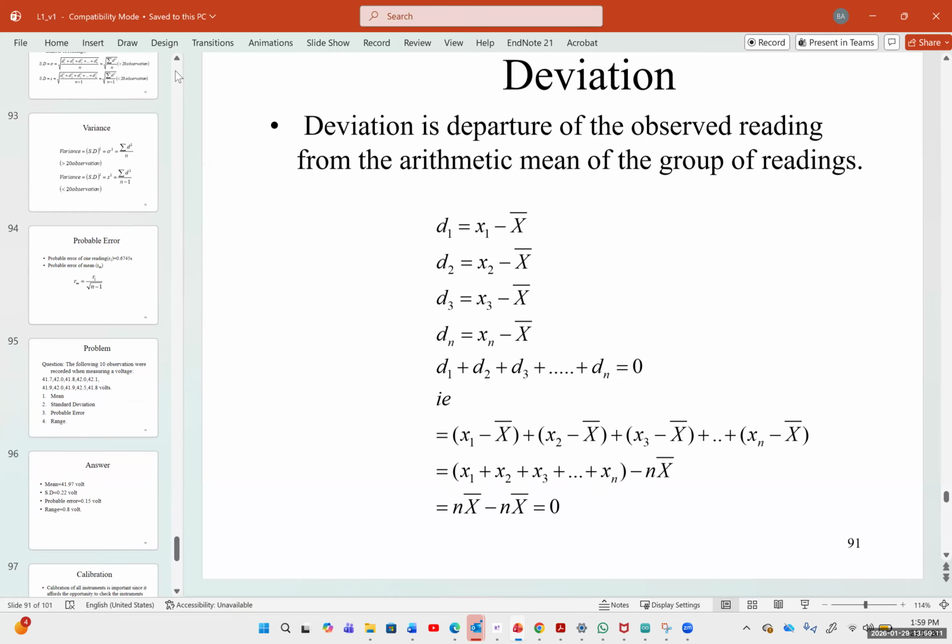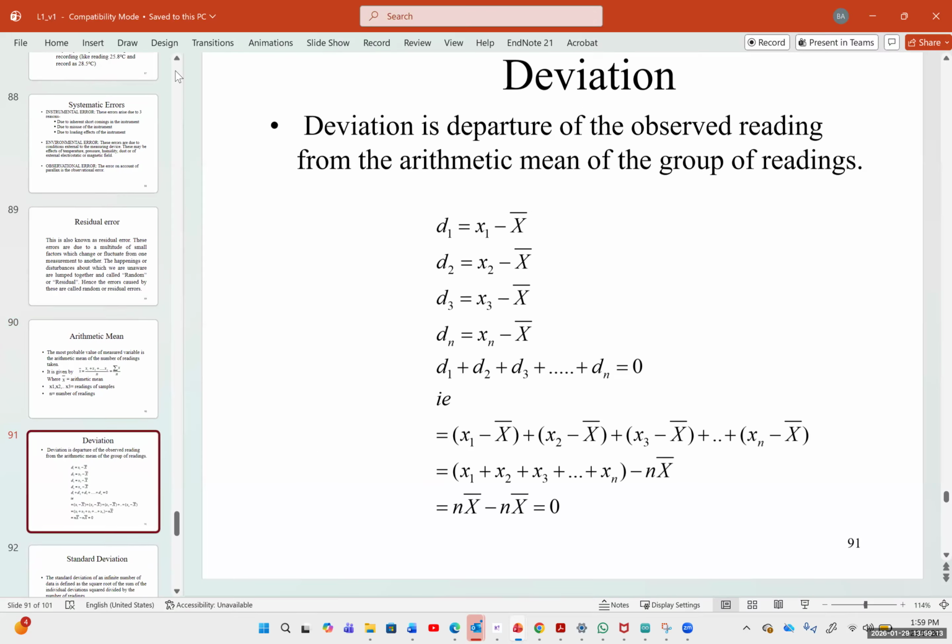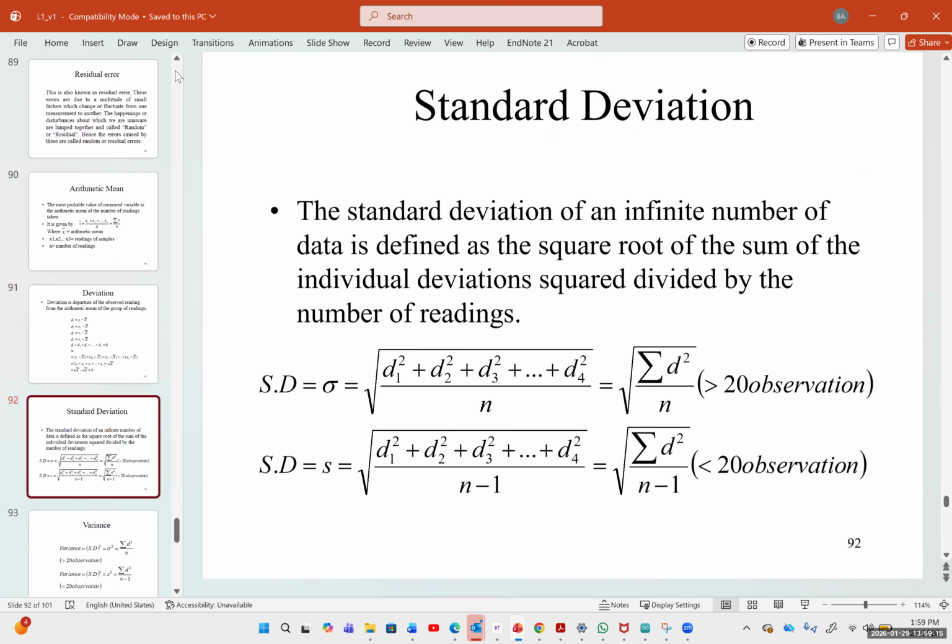Another factor that we have is called the standard deviation. A standard deviation of an infinite number of data is defined as the square root of the sum of the individual deviations squared divided by the number of readings. So standard deviation, sigma, is going to be equal to the square root of sigma d square over n if the observations are above 20.